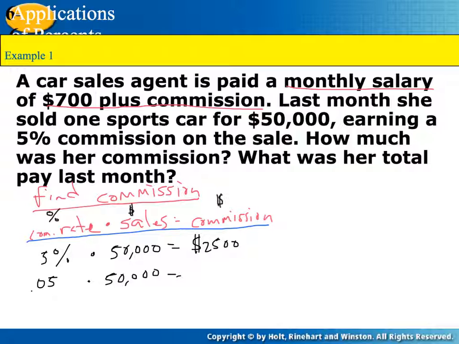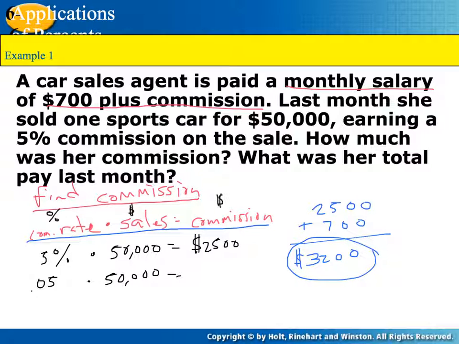So she automatically gets $700, and then you take that commission and add it to that $700. My commission was $2,500. When I get my answer, it is $3,200 as her monthly salary. Not bad last month. Nice work.